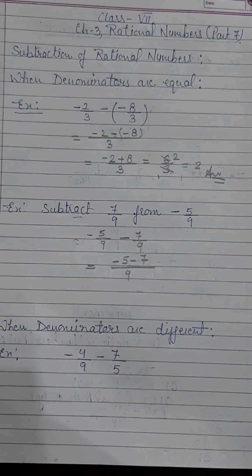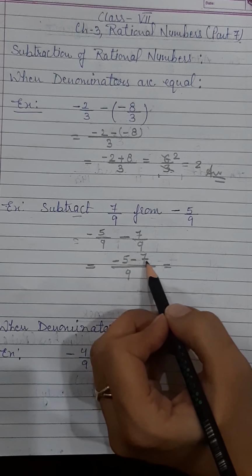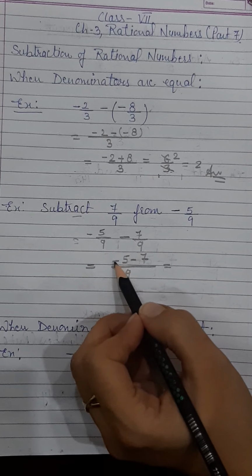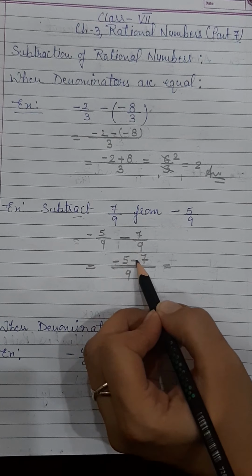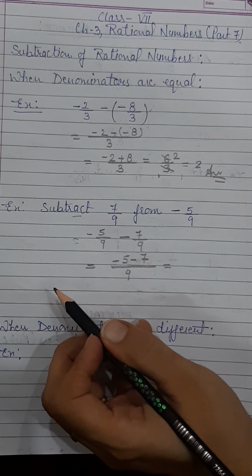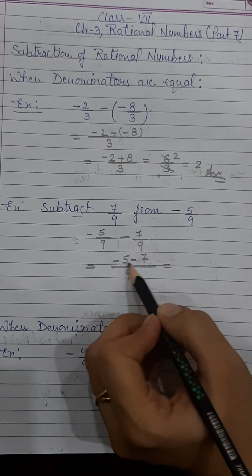Clear? Now solve. In these two, minus 5 minus 7, these two integers having same sign as negative. So for same sign you have to do operation addition, right? You have to add these two numbers.